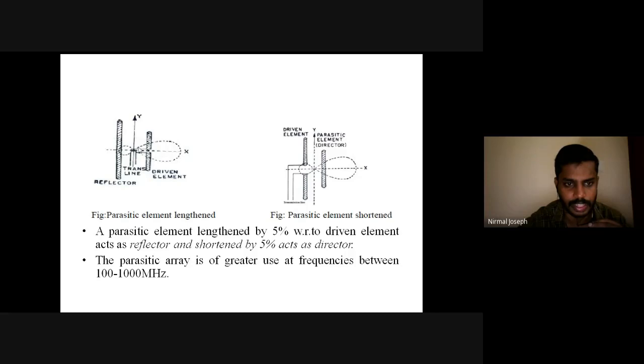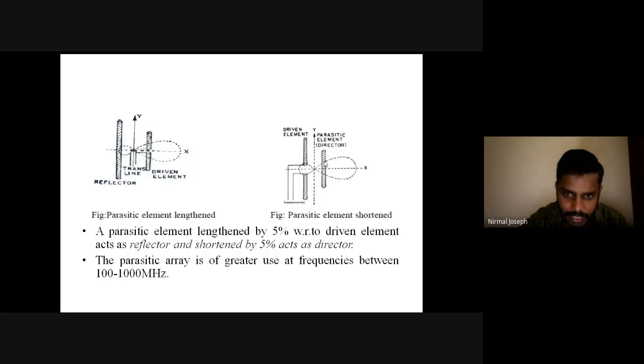So the radiation pattern will be like this, since the reflector is reflecting towards the driven element. Next is a director. Here the driven element is this, and the parasitic element or director has a shorter length compared to the driven element.